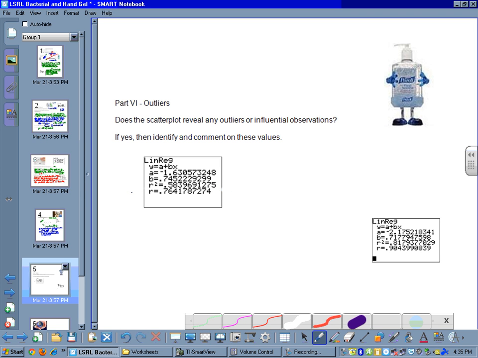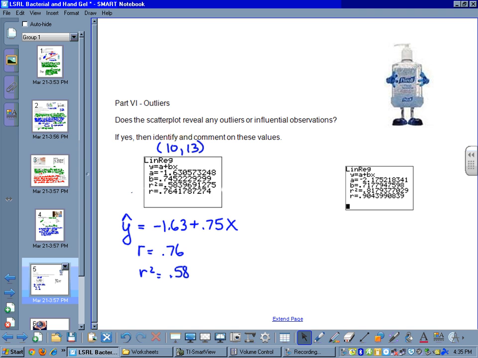Okay, so this is the point 10, 13, and this is before when we had it in our equation, 1.63 plus 0.75x, and my r value is 0.76, and my r squared value is 0.58. And now this is without my point (10, 13).